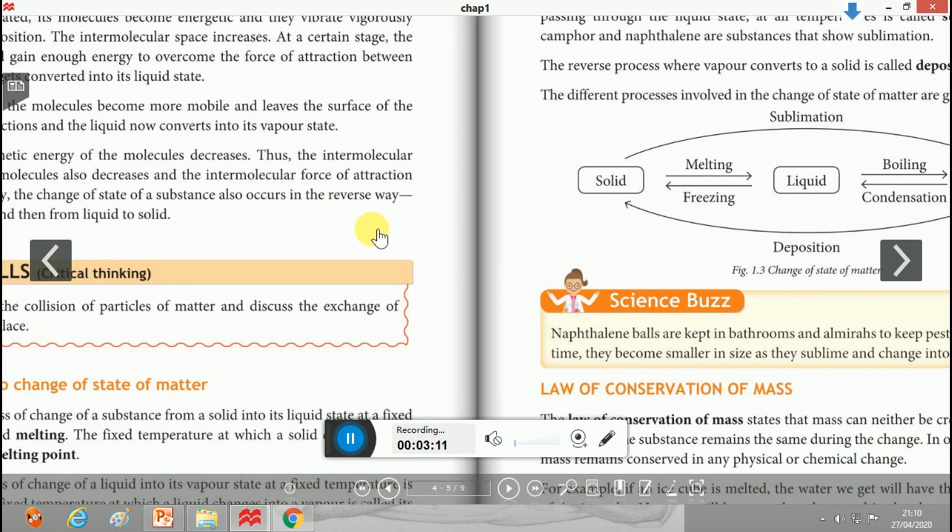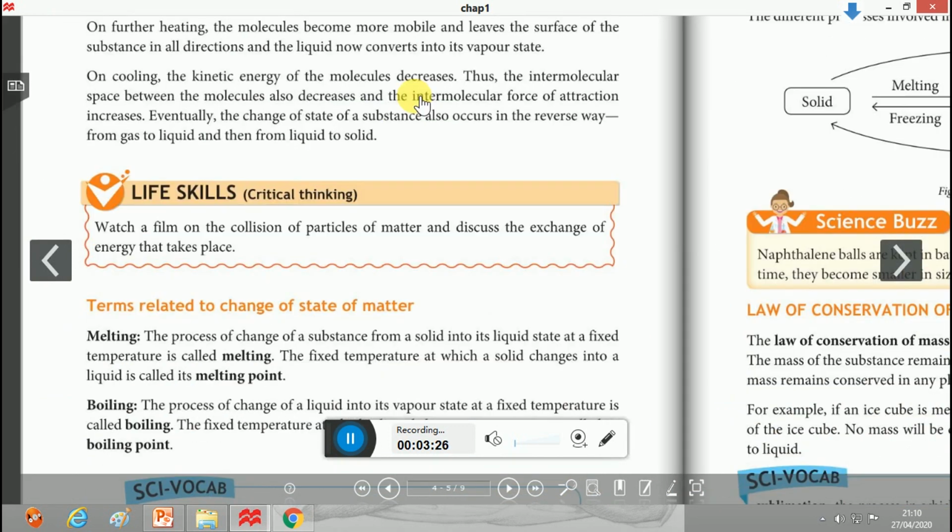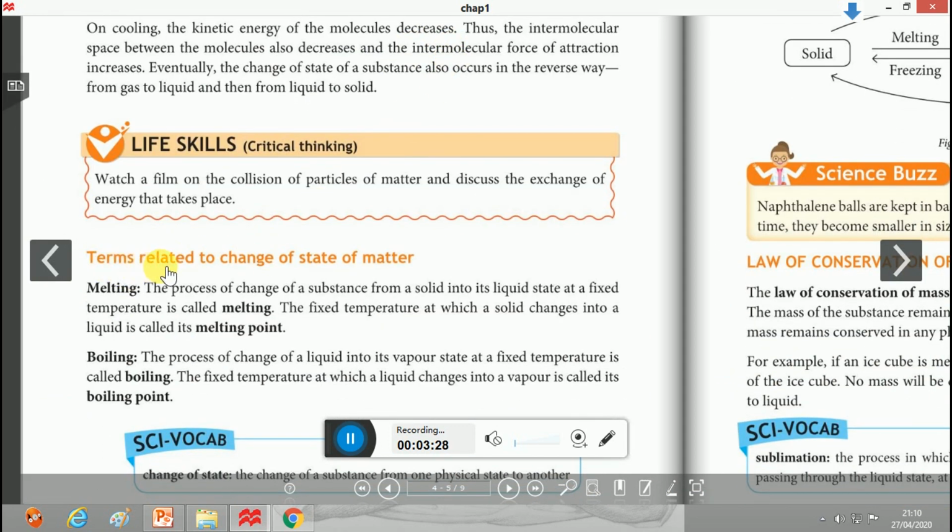In the next video we have discussed about the change of state of matter, and the change of a substance from one physical state to another is called change of state. There are several terms related to the change of state of matter, which we have discussed completely in the second video for class 8.